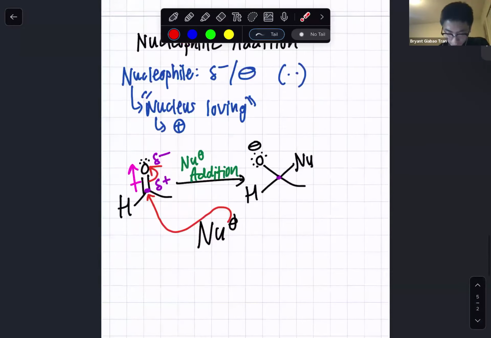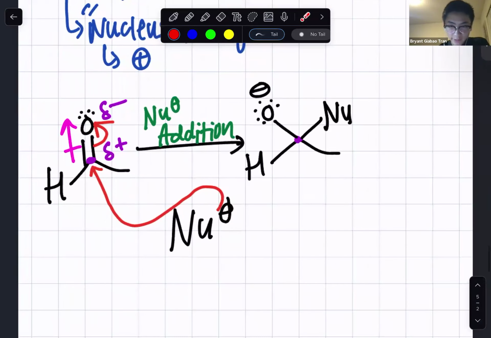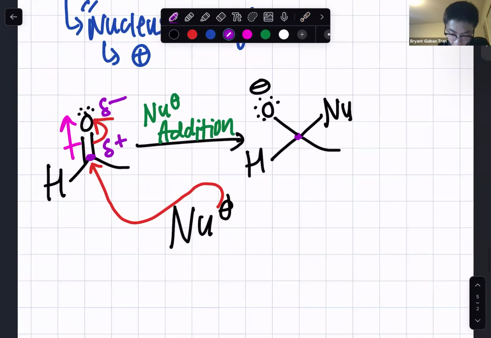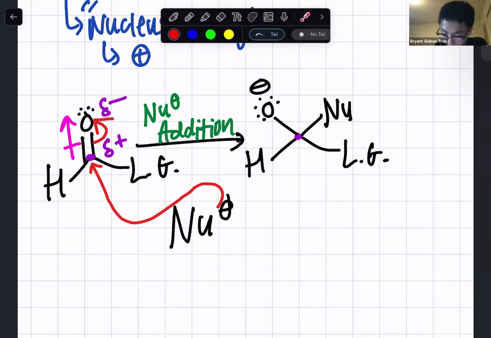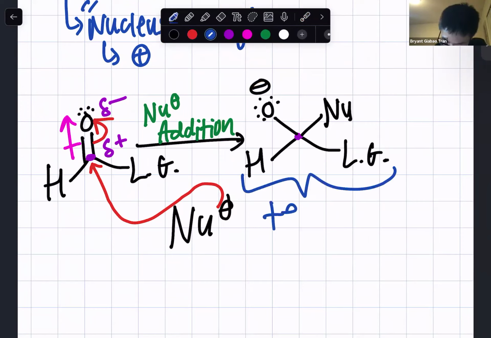Okay, so adding onto this right here, let's say we had a good leaving group here, like chlorine, bromine, or something like that. That good leaving group is still there. Once we have this thing here, this is called a tetrahedral intermediate.